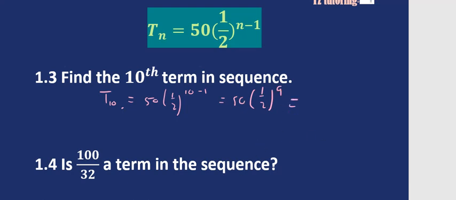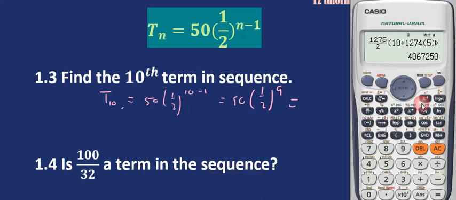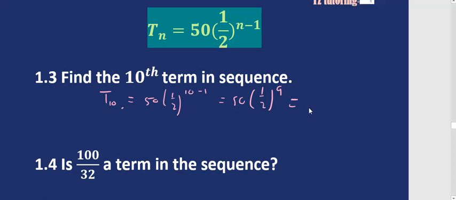And then we could calculate that out. Okay, so our 10th term will therefore be 25 over 256. That's the value of the 10th term.